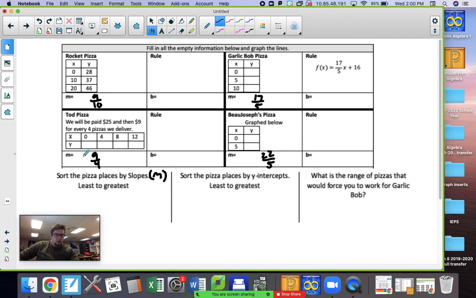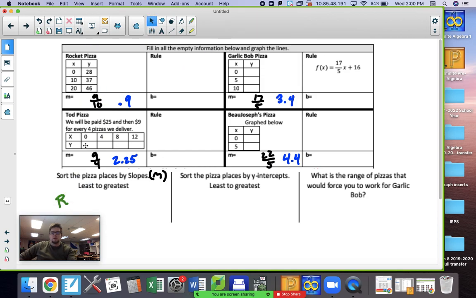If we don't see the change in size or the difference in size between one fraction, it could help us to convert it to a decimal. 9/10 becomes 0.9. 17/5 is 3.4, I believe. Yep. 9/4 is 2.25, and 22/5 is 4.4. Which one's the smallest? Rocket Pizza.